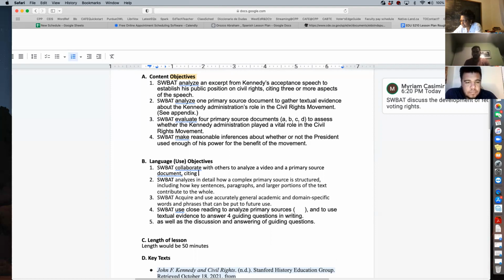Citing, making note of five, noting textual evidence, gathering textual evidence for four or more questions, something like that. That gathers the video and then the quick write.